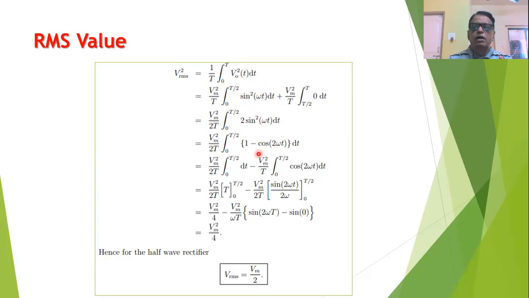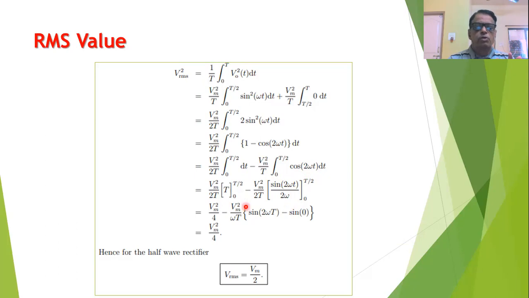So it can be written as 1 minus cos of 2 omega t into dt. If I divide it, then you will find that it will be dt minus Vm square by T integration from 0 to T by 2 of cos of twice omega t into dt. So if I integrate dt, then I will get t. And if I integrate this term, then I will get sine of twice omega t divided by twice omega.